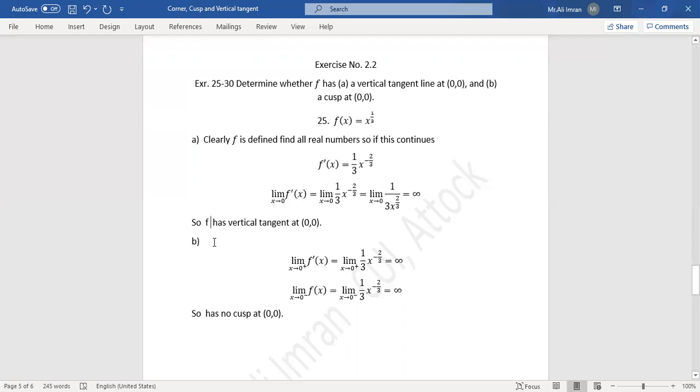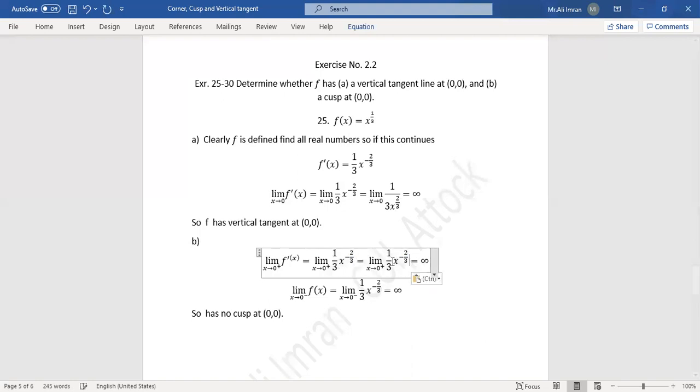Now we will check the cusp. For the cusp, we have to check the limit from both sides, the right hand derivative limit and the left hand derivative limit. First of all, we will find the right hand limit, as x approaches 0 from values greater than 0 of f'(x).